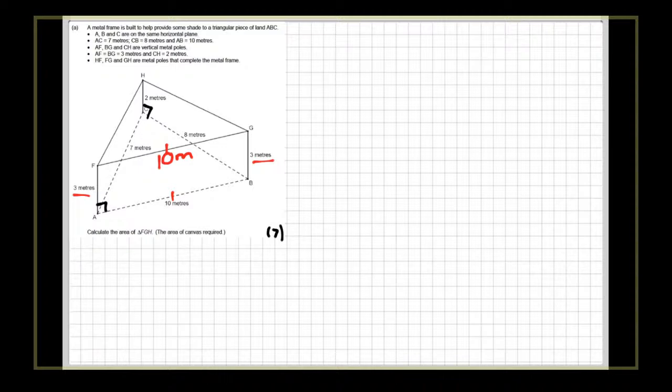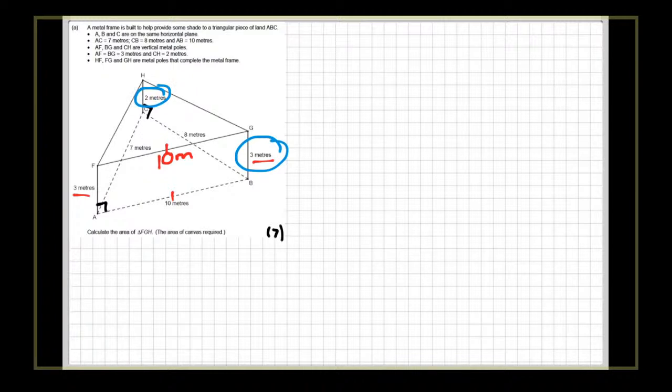Be careful of thinking that these two are equal and those two are equal. That's not the truth. The reason why it is not the truth is simply because that is 3 meters and 2 meters, which means this is a slanting down side.